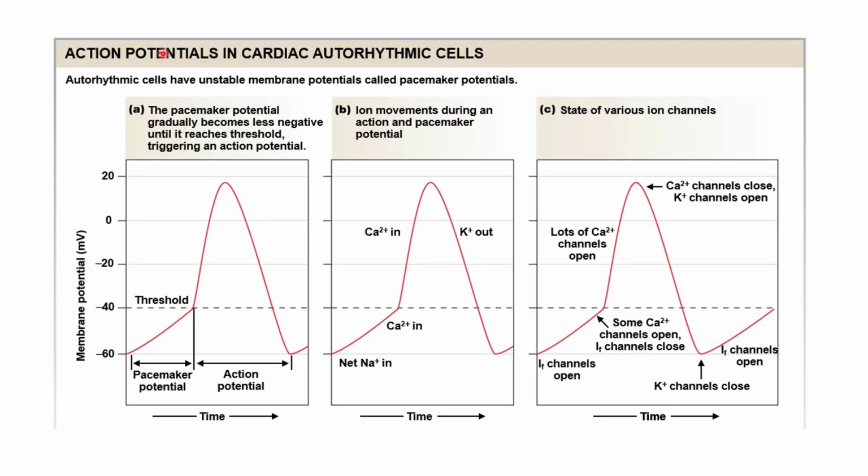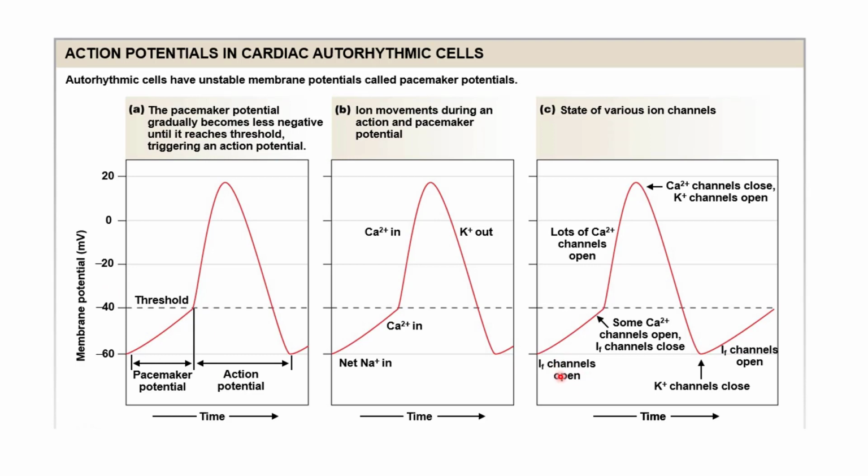So if we look at these autorhythmic cells and we look at their action potentials, a little bit different. First off, again, they start around negative 60 millivolts. And what they have is they'll have an action potential, but they also have this pacemaker potential in which they are slowly depolarizing and coming in closer and closer to threshold. So what occurs during this pacemaker potential is that we have these IF channels, okay?